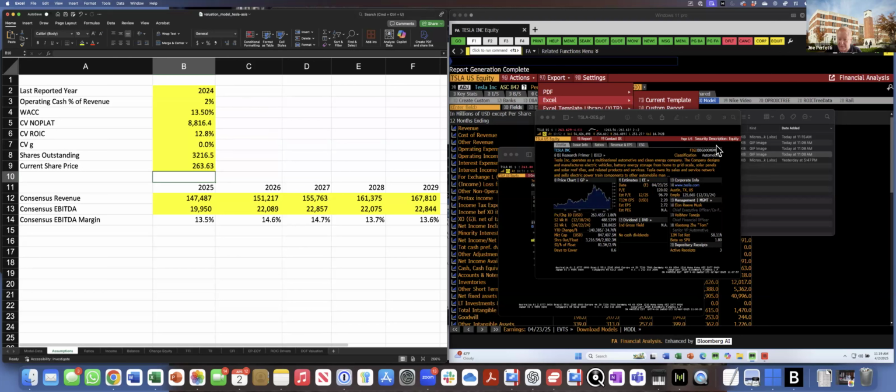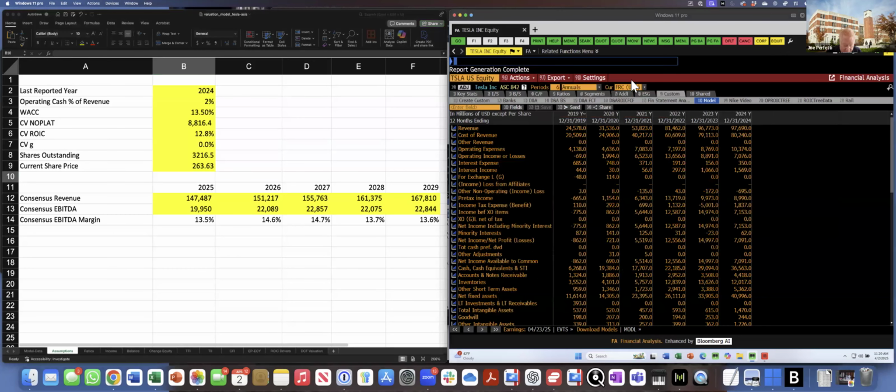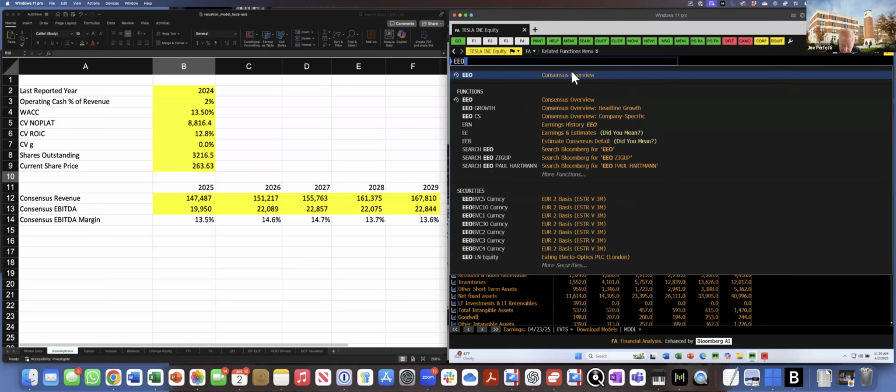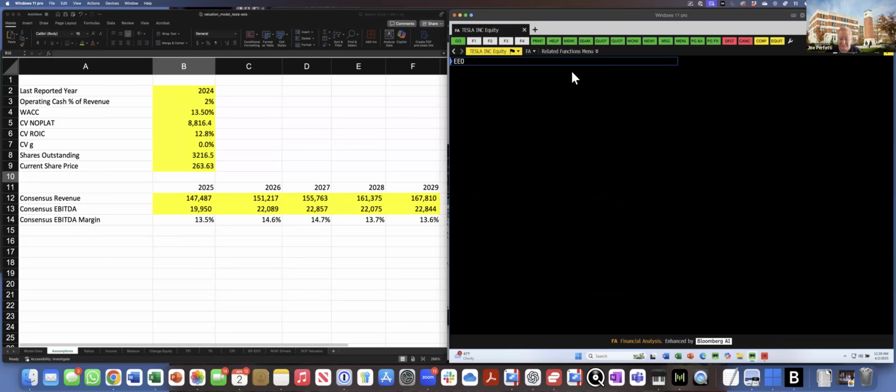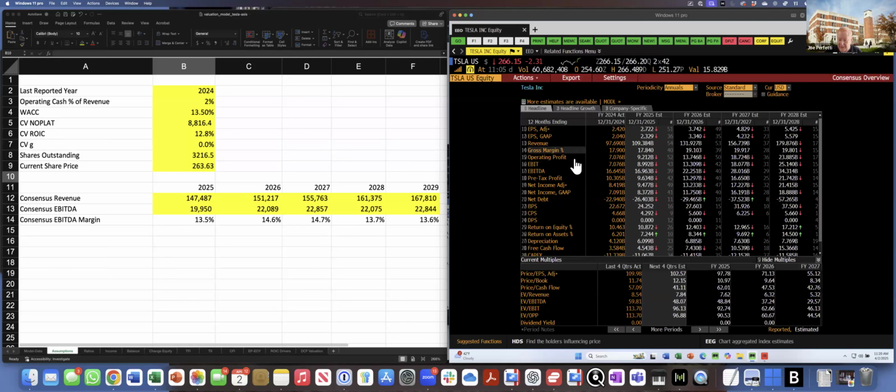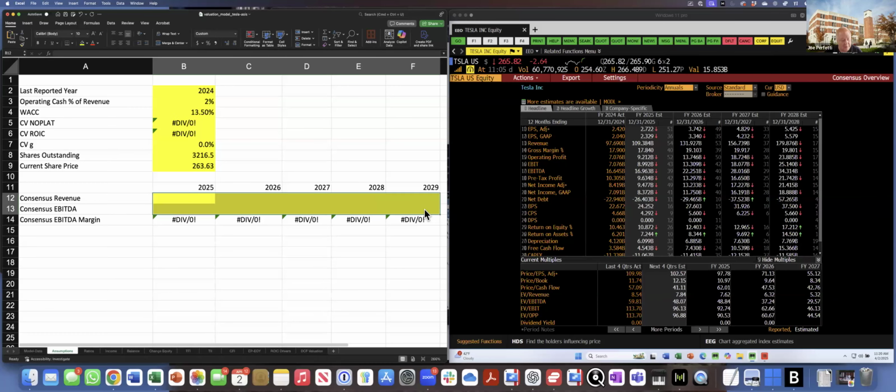And then I might as well go ahead and do the EEO data. I'm just going to do it off the actual EEO screen, makes life a bit easier. So this consensus revenue is Tesla's, that was BMW's. So I need to start putting them in.